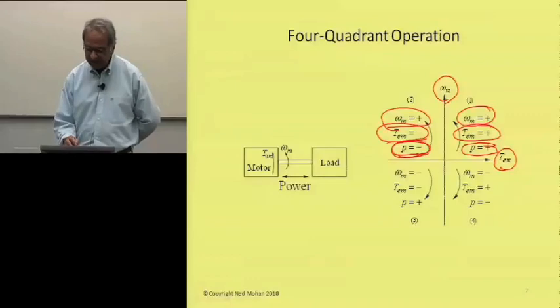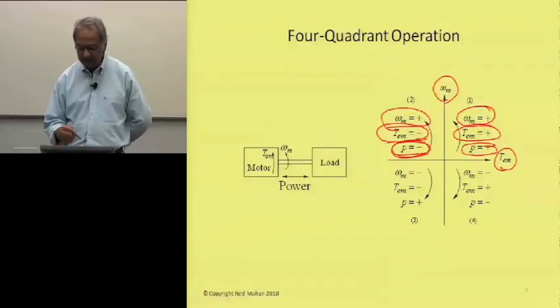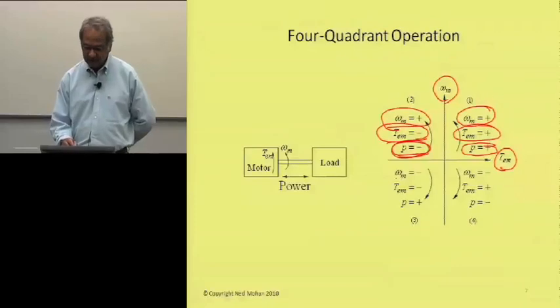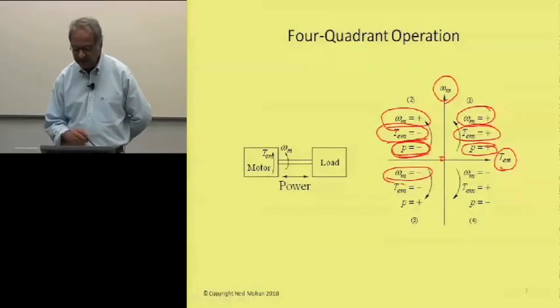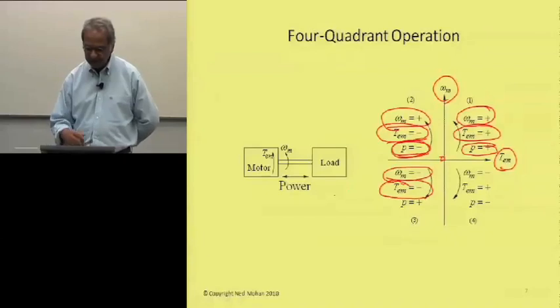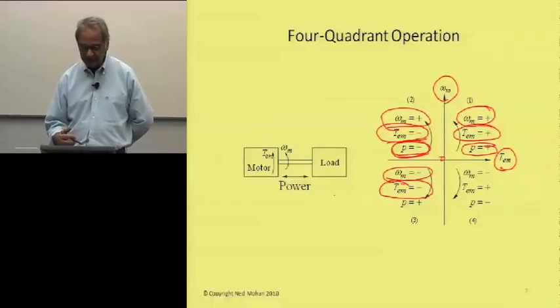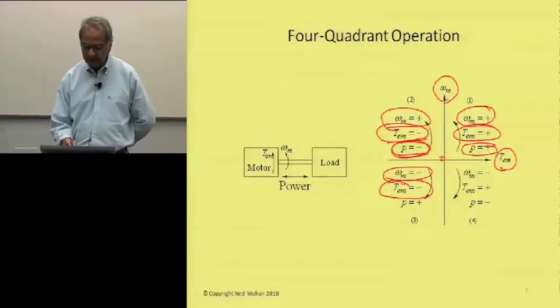Now, this system is motoring in the opposite direction. In this quadrant the speed is negative. This is the 0 point. The speed is negative, and we are applying a negative torque, meaning the direction of the torque is opposite to what you had over here.